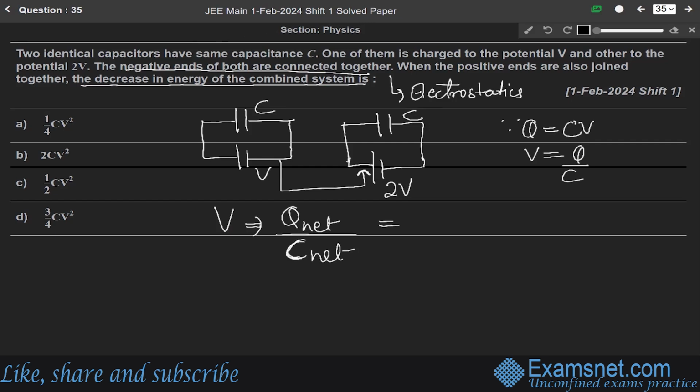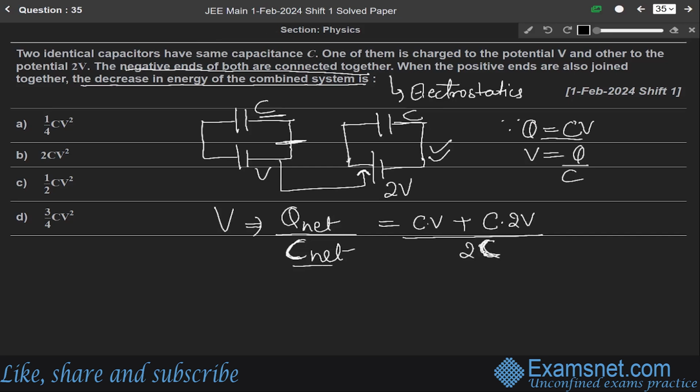Okay, so Q will be, for the first, C into V, and for the second, C into 2V, over the net capacitance 2C.